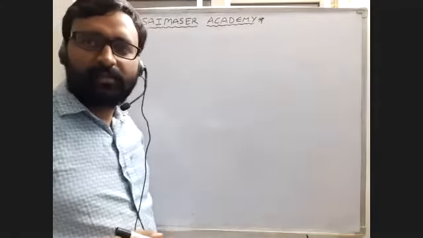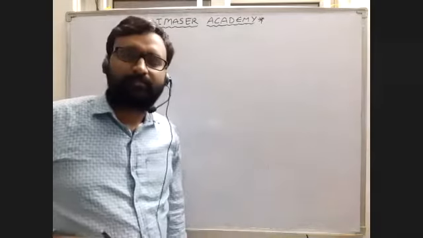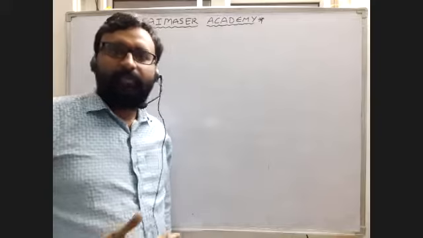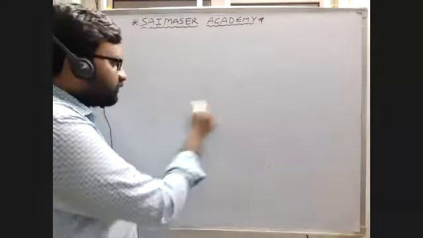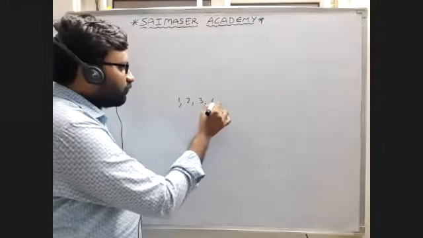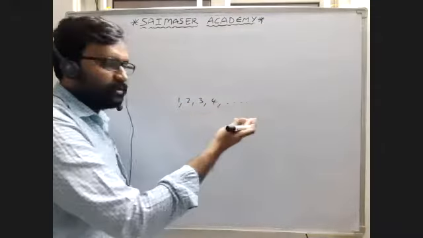In arithmetic progression, we learned all are in addition form. In AP, the series is like this: 1, 2, 3, 4, and so on. This is clearly an AP series.